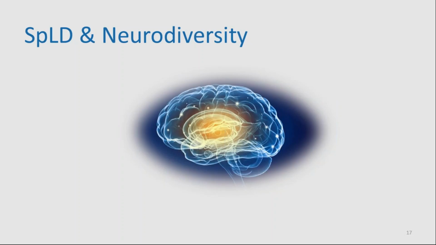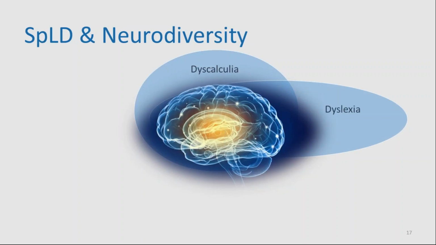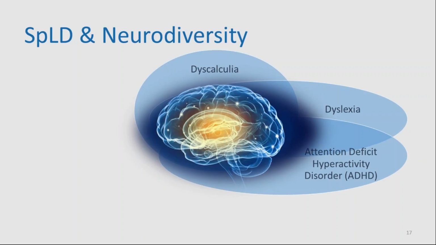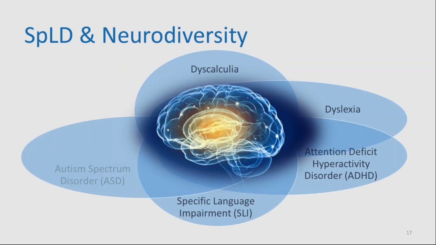As the previous slide showed, the term neurodiversity encompasses all specific learning differences, many of which may co-occur and overlap, as this diagram will now show you. It's particularly important to notice that the various SPLD overlap, and this is because a student is likely to have one or more co-occurring difficulties.